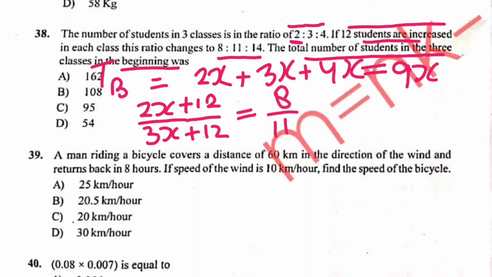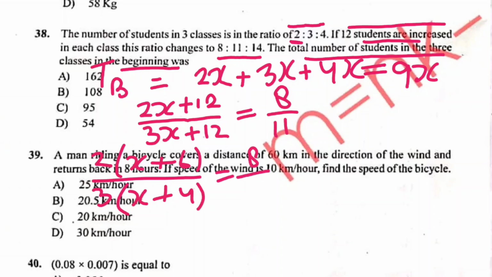Okay. Solving it. So let's take 2 common. We get x plus 6. Let's take 3 common in the denominator. We get x plus 4 is equal to 8/11, which implies x plus 6 upon x plus 4 is equal to 8/11.